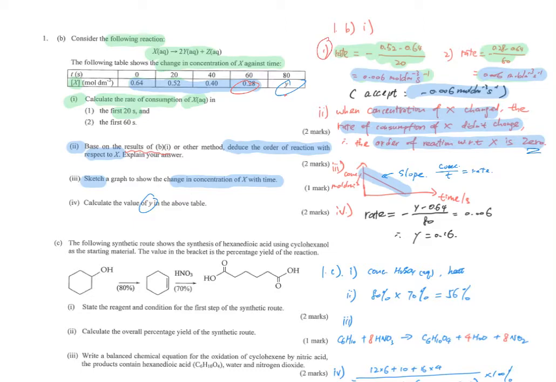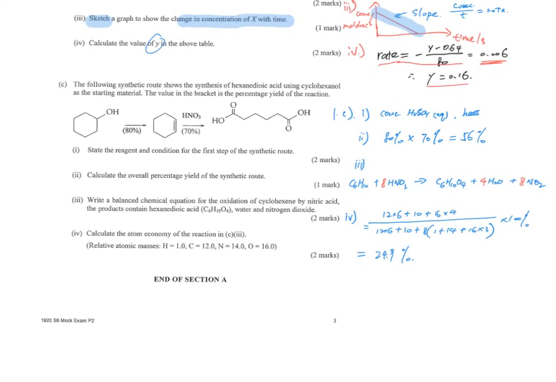So we just use this: rate equals negative, then y minus 0.64 over 80, equals 0.006. So use the same rate, because rate is unchanged for a zero order reaction. Okay, so y turns out to be 0.16. If you calculate that y is greater than 0.28, that means you got a wrong answer, and you need to do it again and change it.